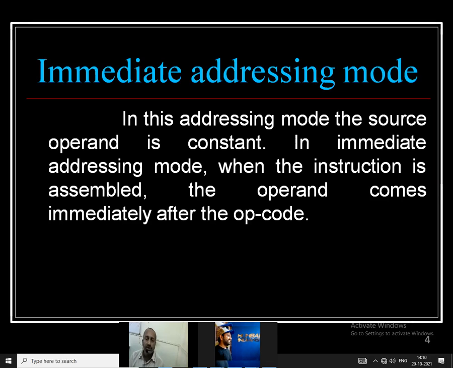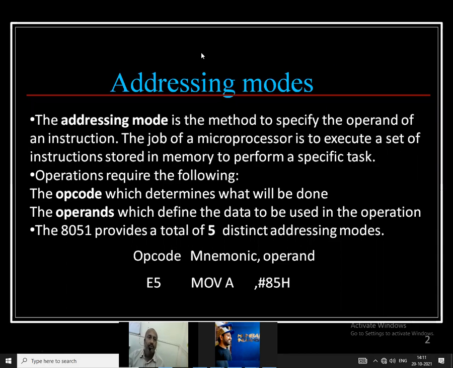Every instruction consists of two things: one is the mnemonic and the other is the operand. What is an operand? Operand means the actual data, and mnemonic means the function of that instruction. I think it is also mentioned here in this slide.